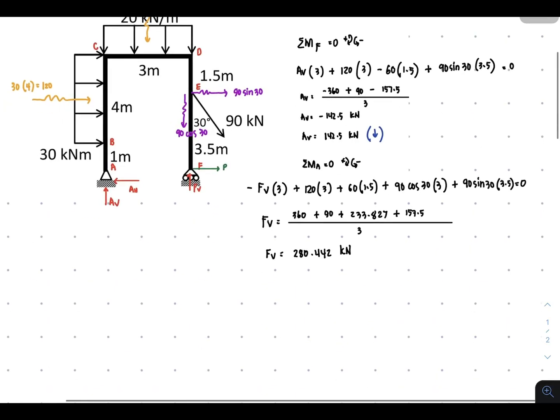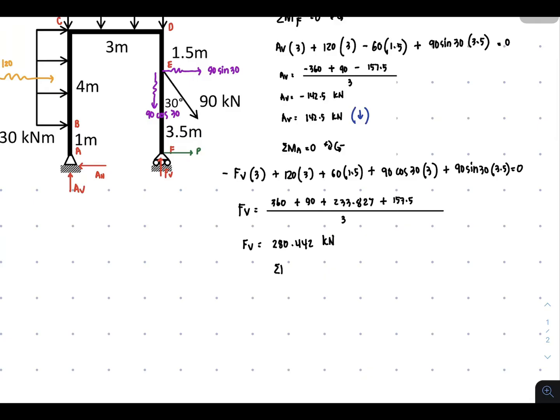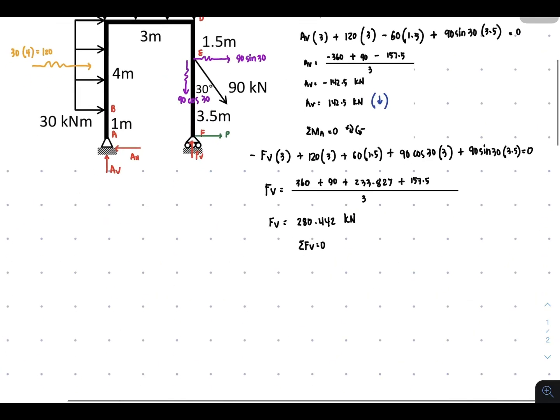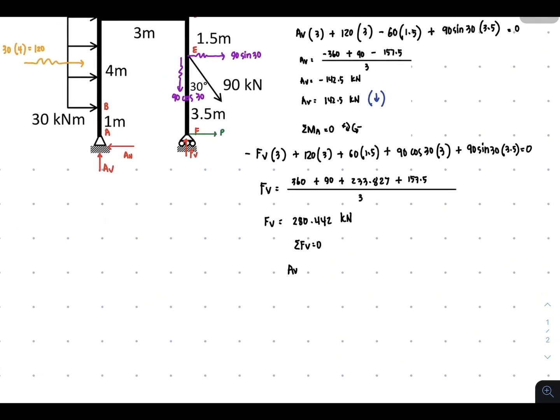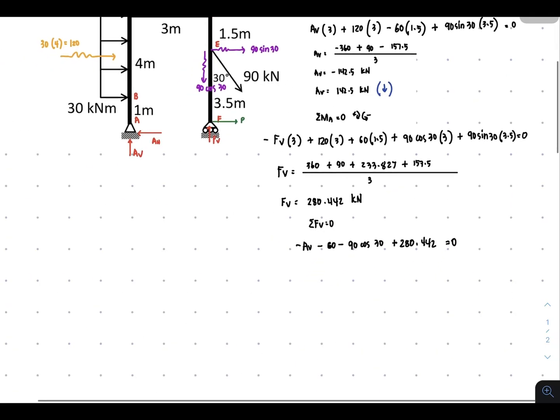Okay, so let's check whether we got it correctly. Summation of forces vertical equal to 0. You have AV downward, then minus 60, minus 90 cosine of 30, and plus 280.442 equal to 0.